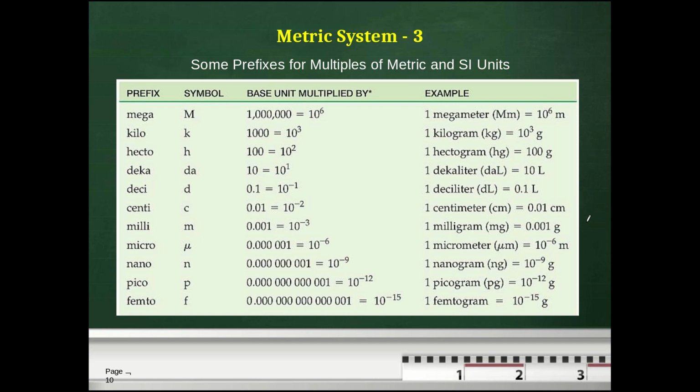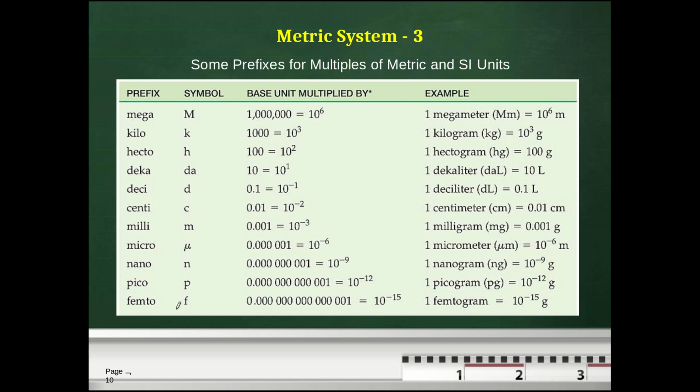So here is a prefix before the name. If we have 10 to the power 3, 1000, we name it kilo. 10 to the power 6, we name it mega, 1 million of something, of meter, of kilogram, of liter, whatever it is.